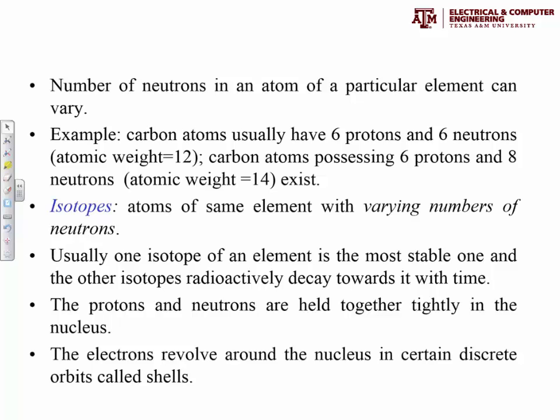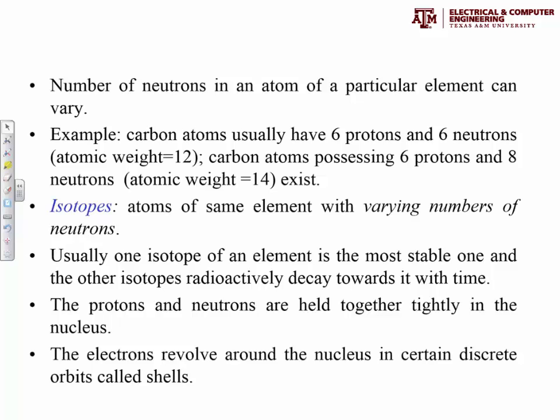And in fact, this carbon with an atomic weight of 14 is the basis of this technique, which is known as carbon dating. Because if you want to find out how old a fossil is, these things have a half-life. As engineers, you know that, okay? If you have multiple isotopes with different atomic weights, one of them is stable and the others will radioactively decay towards it, with certain time constants. And so you can use that to figure out the age of a fossil, right?